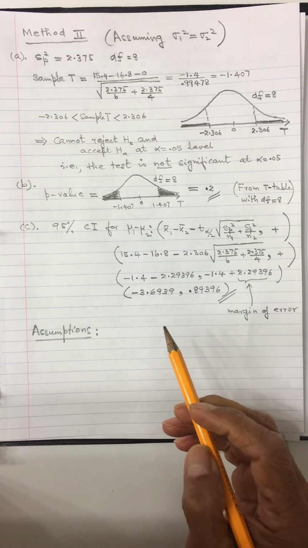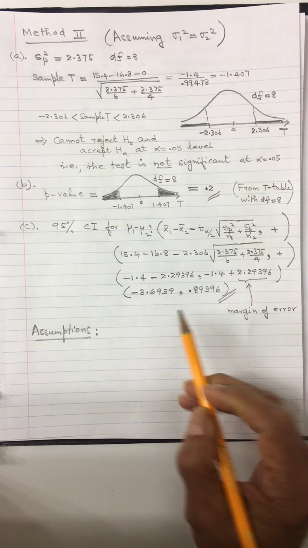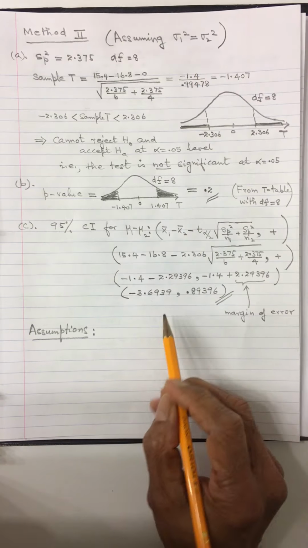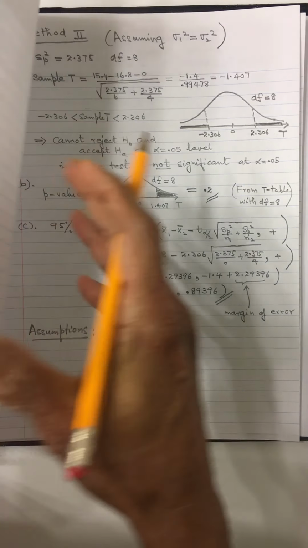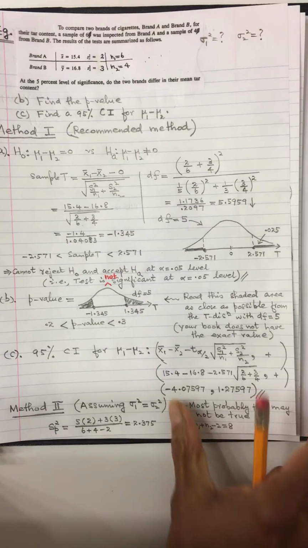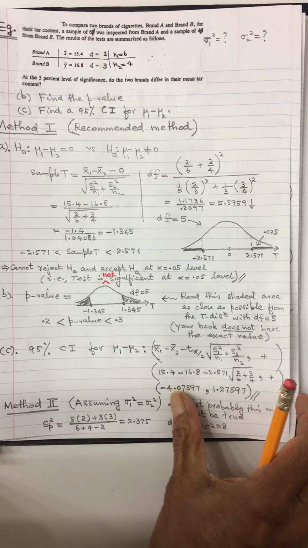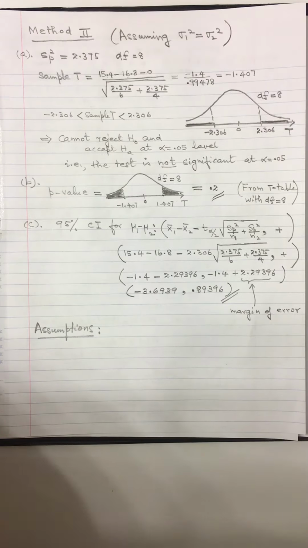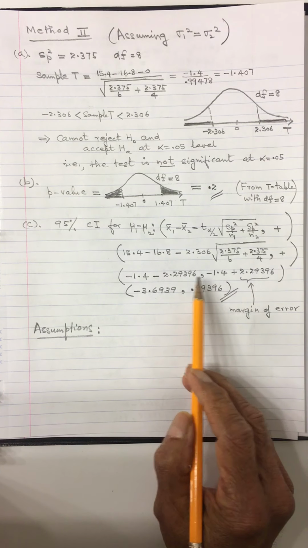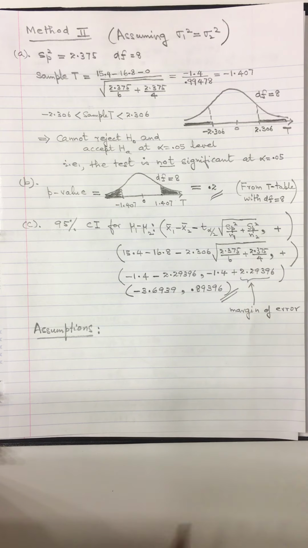As before, you could have done this piece with that. All you have to look at is whether 0 is in here, because we are trying to see whether there is a difference, 0. So 0 is in that interval, and therefore you cannot reject H0. This part is pretty much the margin of error.